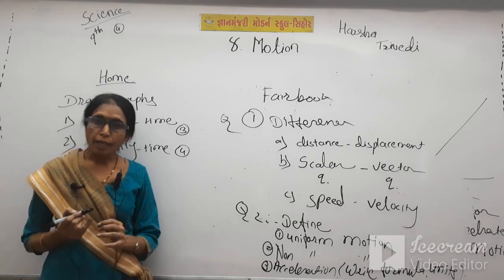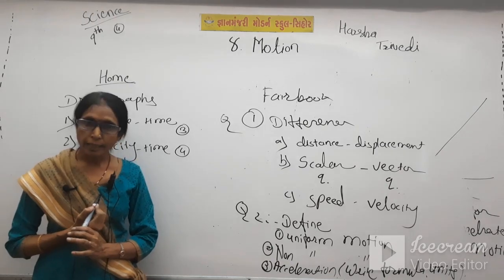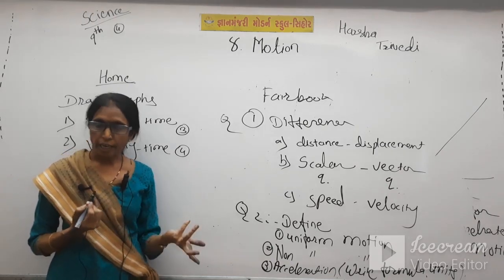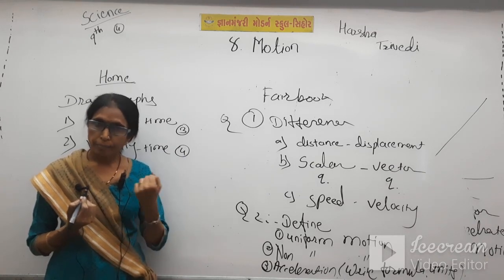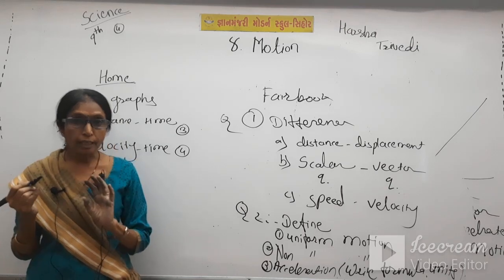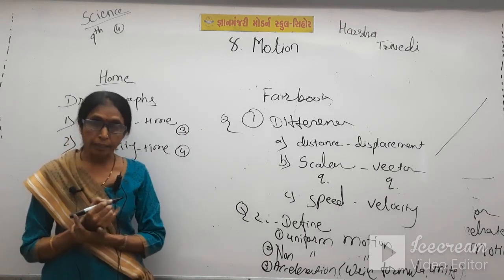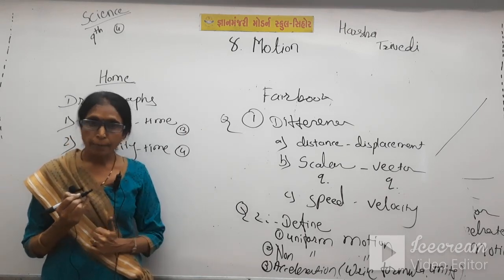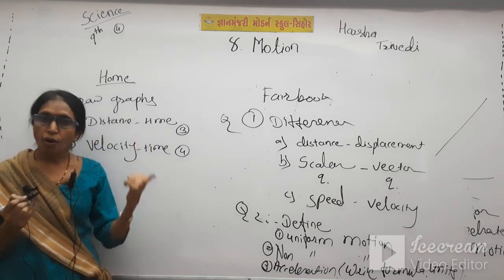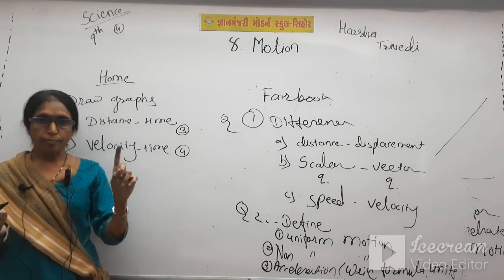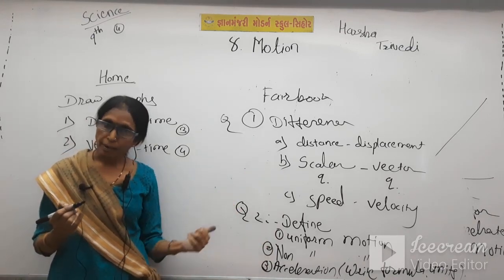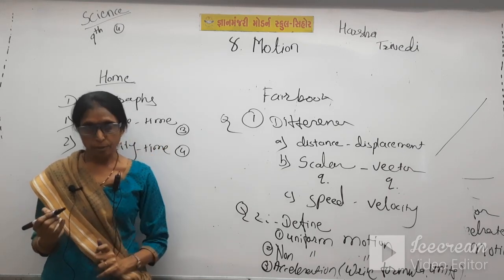It is part of your internal marks, and when we meet, your fair book will be checked. So don't miss it. Start writing in your fair book, otherwise your burden will increase for all the subjects simultaneously. So take care about this and draw these situations. You have to draw on graph paper and stick it in the fair book.